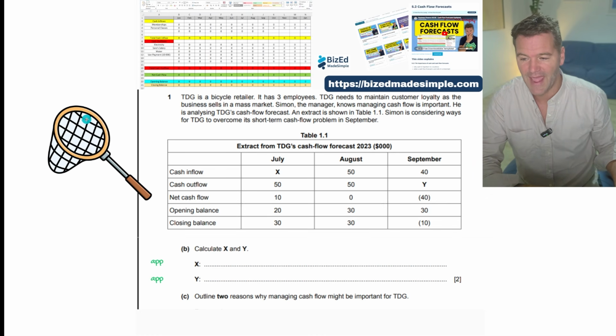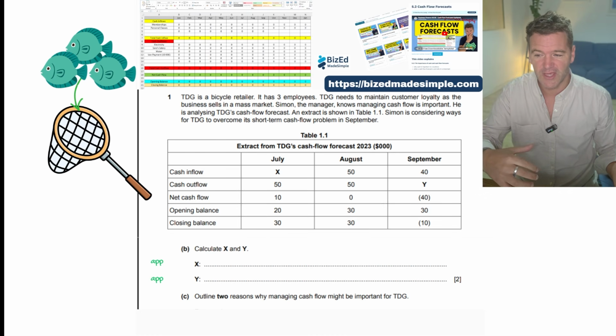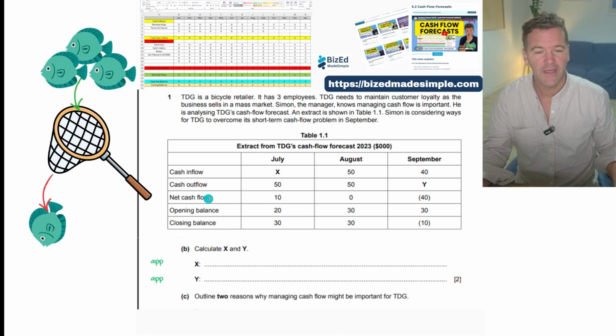So if we have a net, and if you think about going fishing, that's what net means. If we had a net and we went out and we caught 3 fish and we put 3 fish into the net, but there was a hole and 1 fish jumped out, how many would be left in the net?